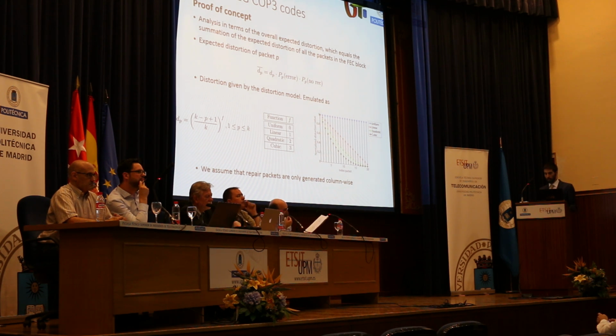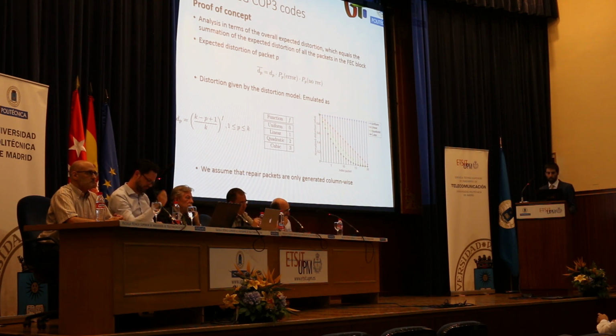Well, the backbone of the network is quite well managed, and no independent or almost no independent losses will occur, and so the main source of error will take place at the end of the network, which is essentially bursty.